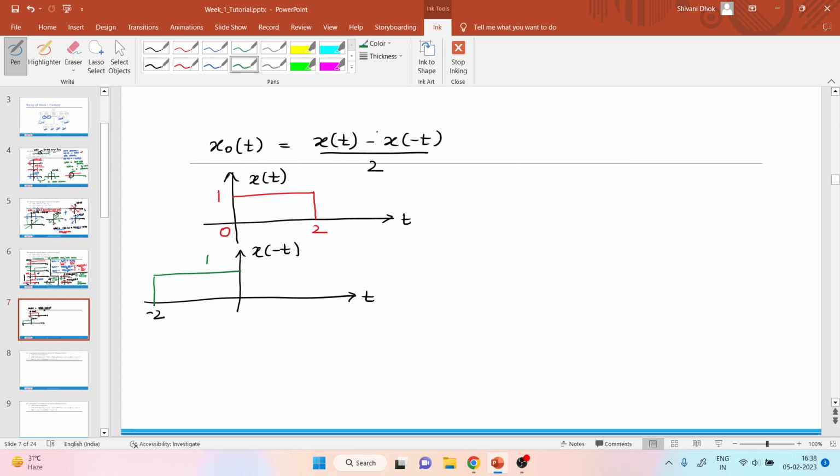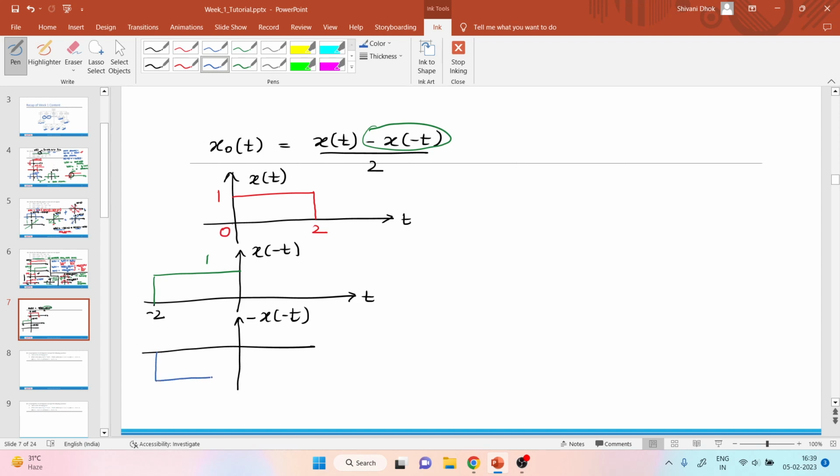And then we need to find what is this minus of x of minus t. So that will come out to be something like this. So we are just flipping it about this t axis. So when its magnitude was 1 here at minus 2, now it will be minus 1.